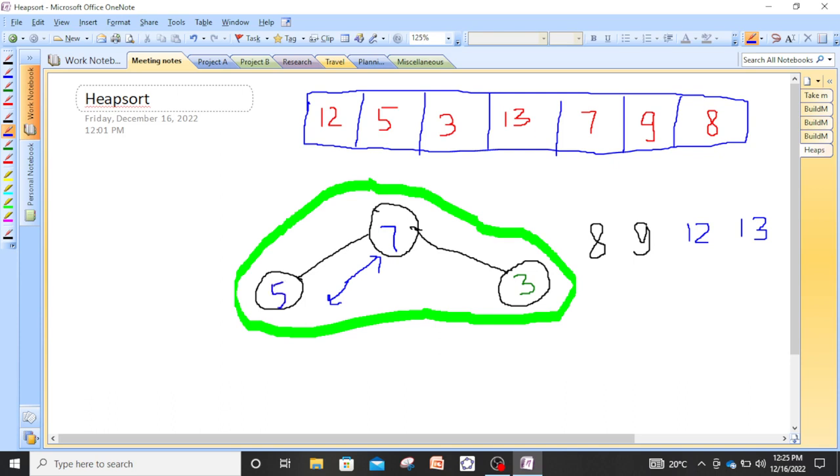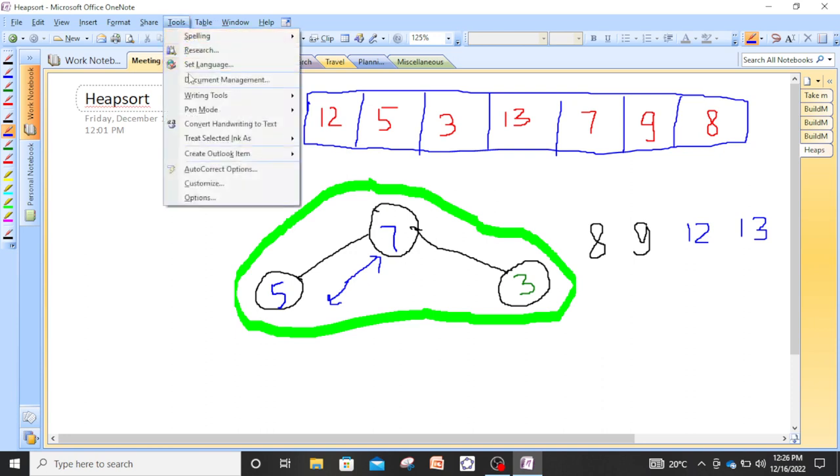Since there is an interchange, you have to come down in the direction of interchange, and you see the interchange has taken place on the left side. If you come down to the left side, then you will have 5, and as there are no children of 5, there is no more work to be done. So there is no need to keep this enclosure, so I remove that enclosure.